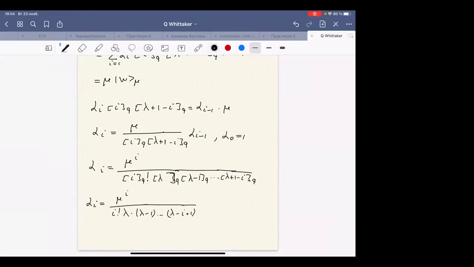And now the formulas are completely the same, except for the fact that we changed all the numbers to Q numbers. I think that now we're all happy. I'm very happy. Very much thanks.